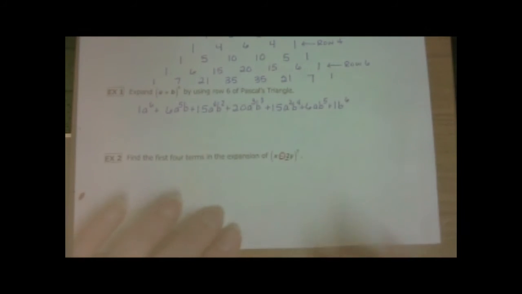All right? Now, this next one is to the 7th power. So we're going to use this row 7. But to save you, because this is a really long one, I'm just asking you find the first 4 terms. Okay? But the thing that's different here, 2 things. One is we have a minus, and the other thing is we've got a number here.